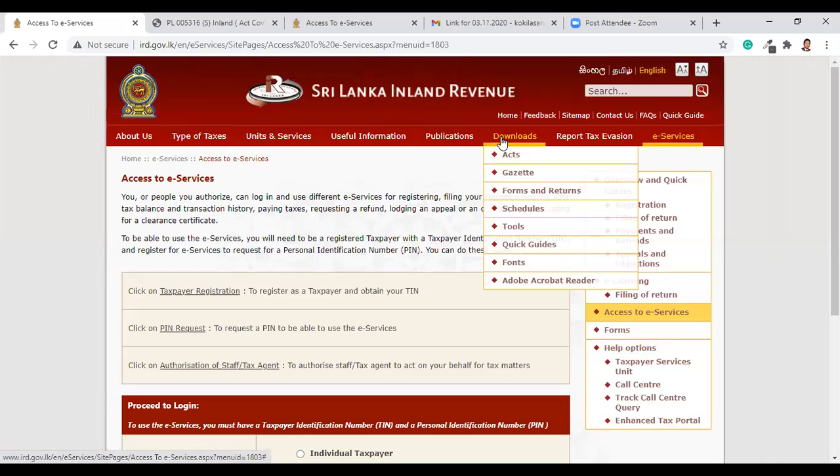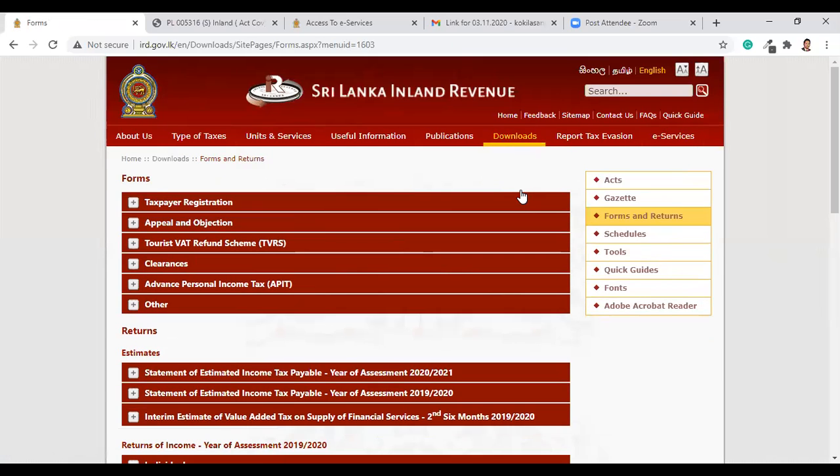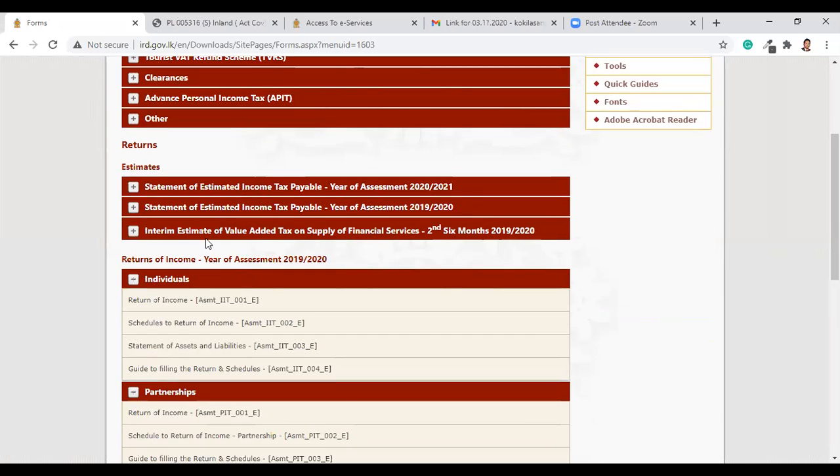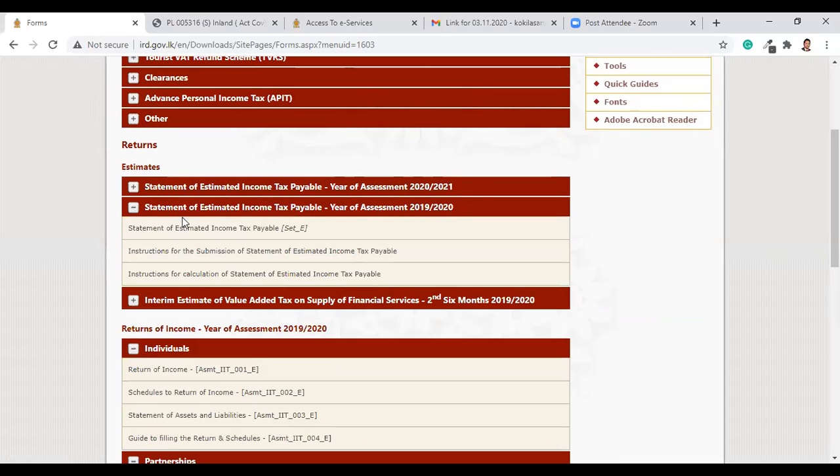If you go to downloads and forms and returns, then you can see there the statement of estimate income tax payable for the year of assessment 1920. 2021 is also there, because I will just open the 1921 as your year of assessment.